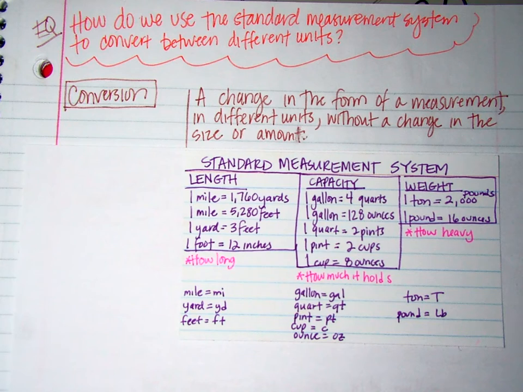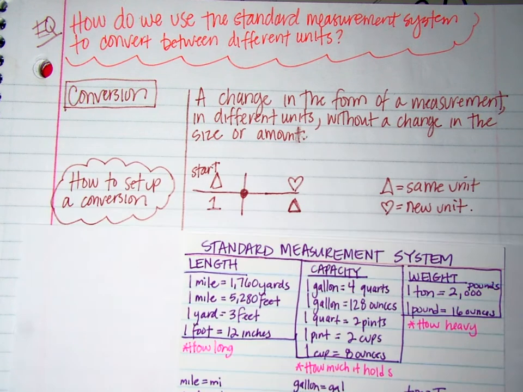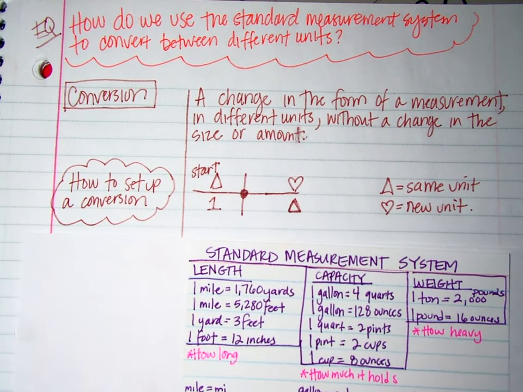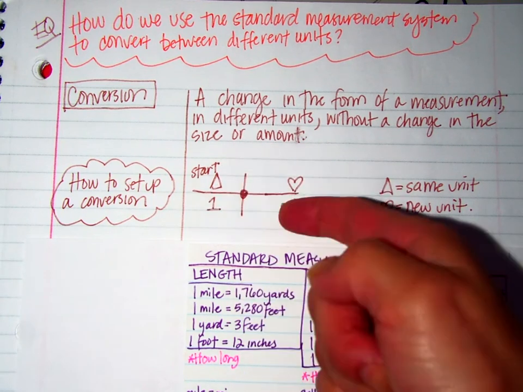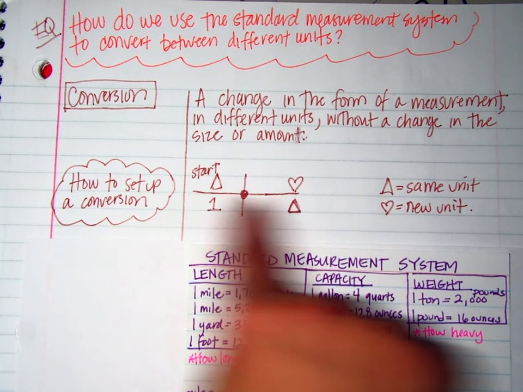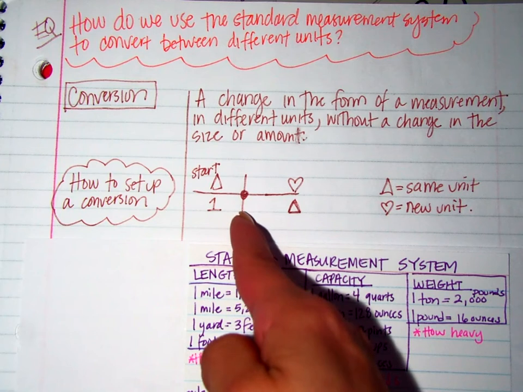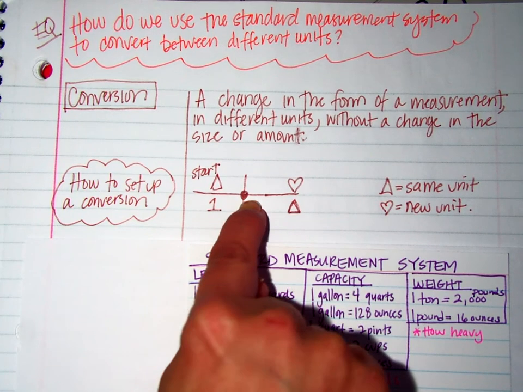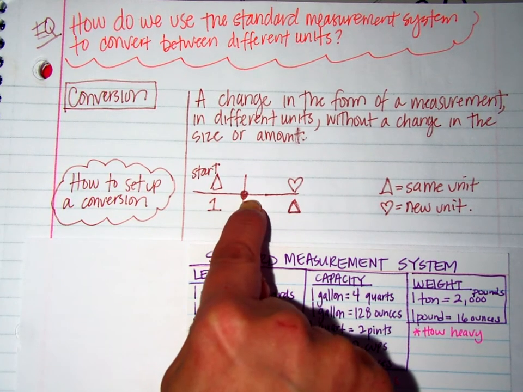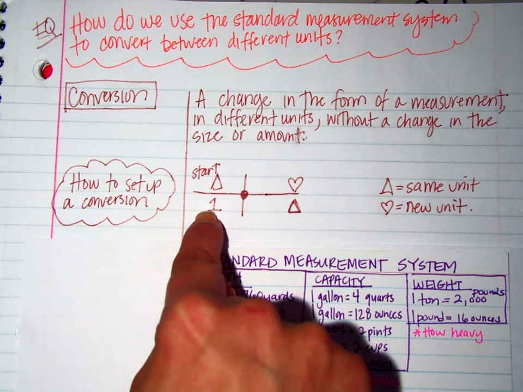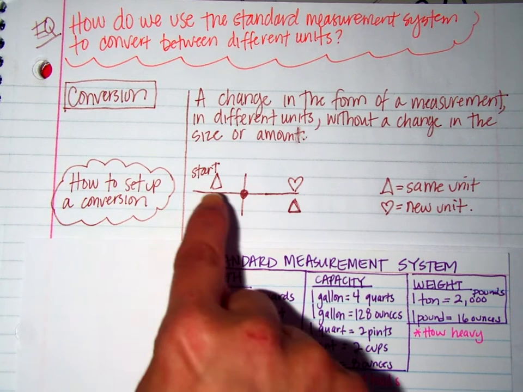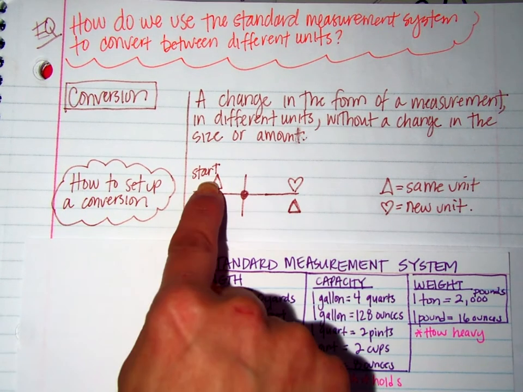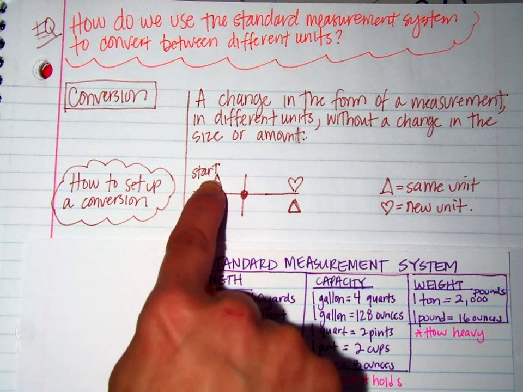All right, so how are we going to be setting up these conversions? They're going to be pretty basic. They are two fractions, and what I do is I just draw a bar and then I just split it in half. We are multiplying these two fractions together. The first fraction is always what information you are given in the problem. So whatever measurement they give you first, this is going to be your starting number.